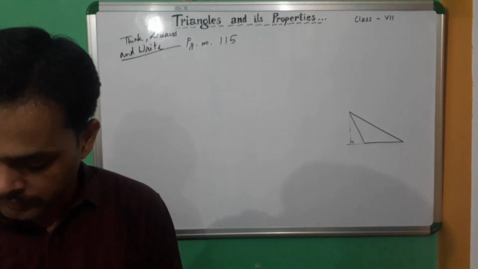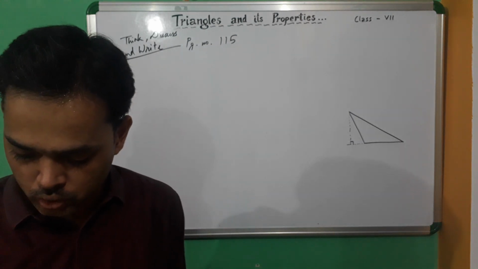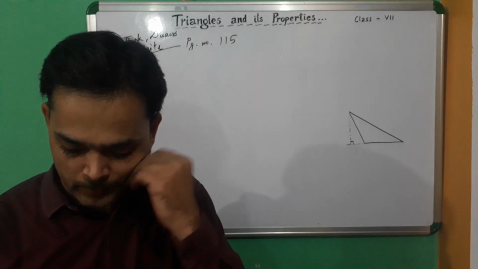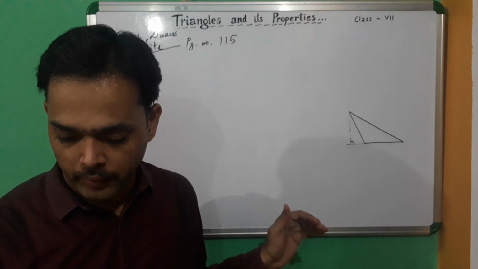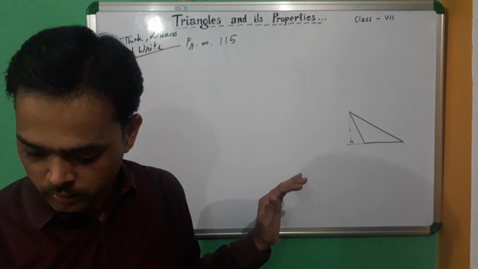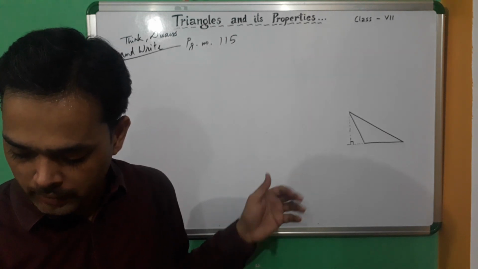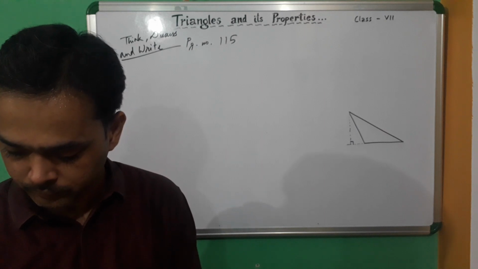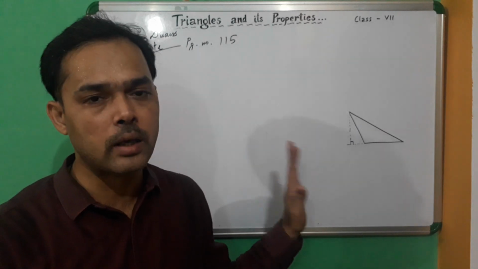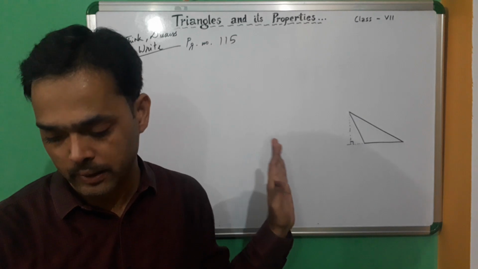In this way you can easily show this. So this is the rough sketch, showing the case where the altitude lies outside the triangle.